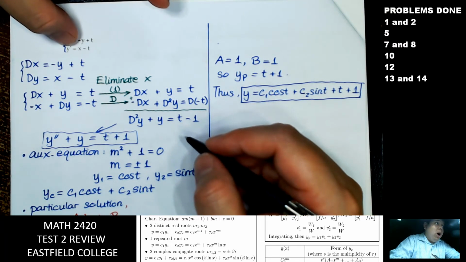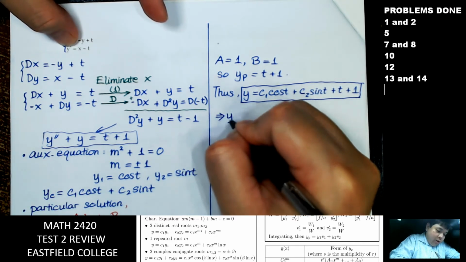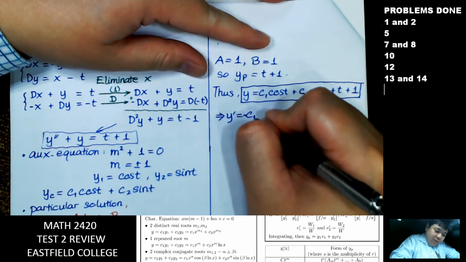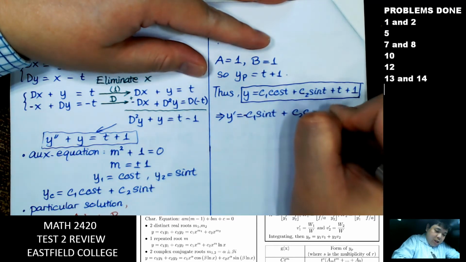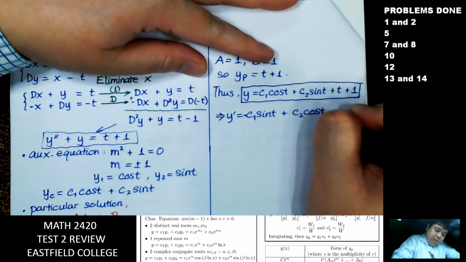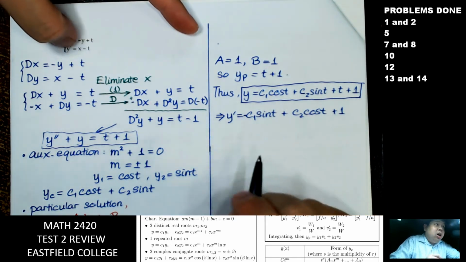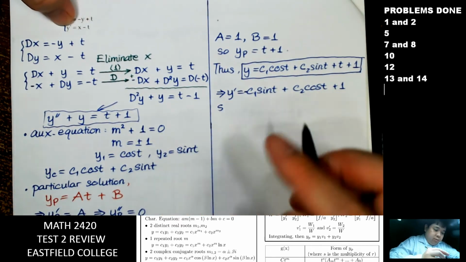This equation requires y prime. So we just go ahead and find y prime. Will be -1 c1 sine t plus c2 cosine t. Derivative of t is 1. Derivative of 1 is 0. So that is the second derivative. Now we will substitute into this.